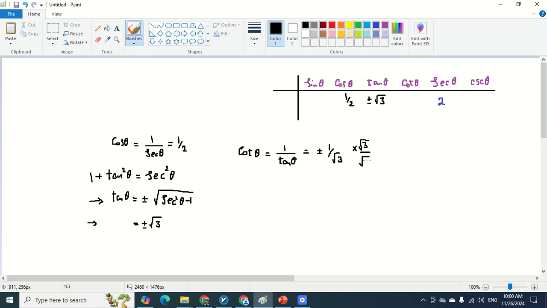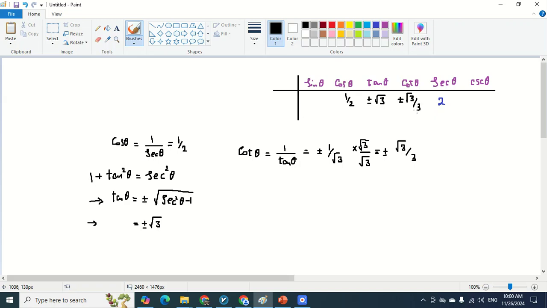It's a type of rationalization that we do at high school. The result will be plus and minus roots of 3 over roots of 3 times roots of 3, which is 3. So we have the answer as plus and minus roots of 3 over 3.